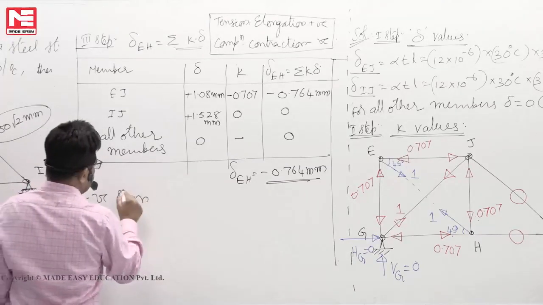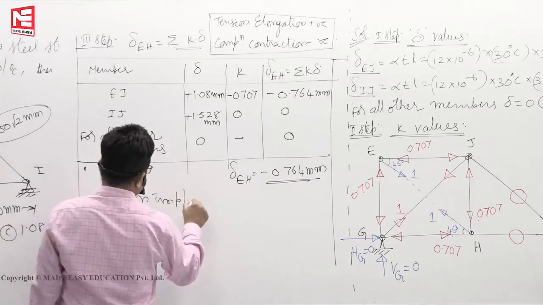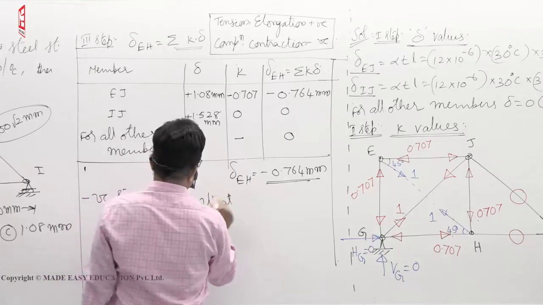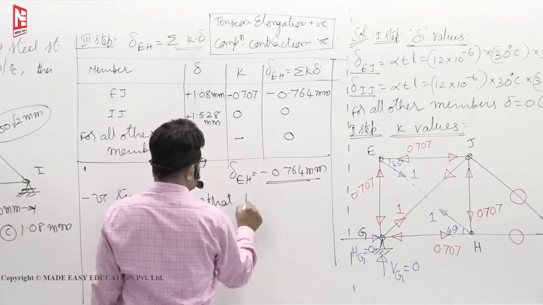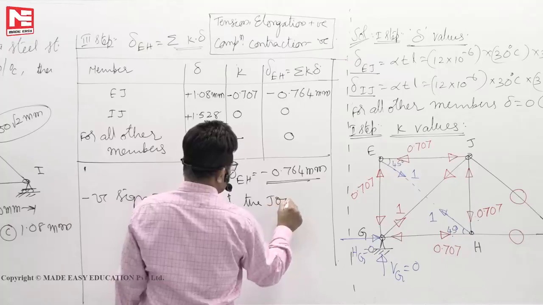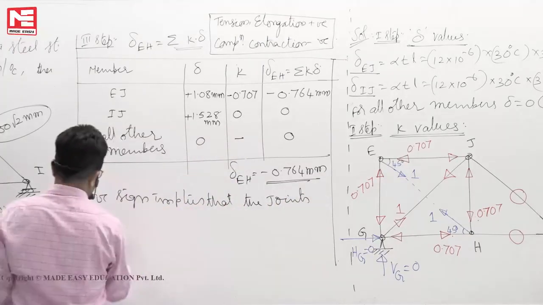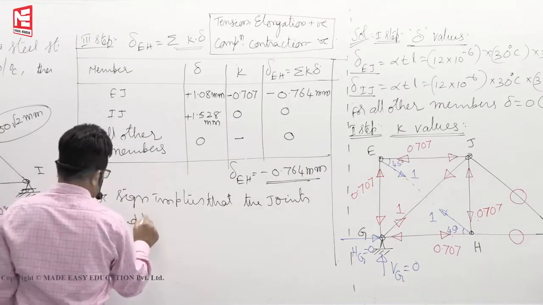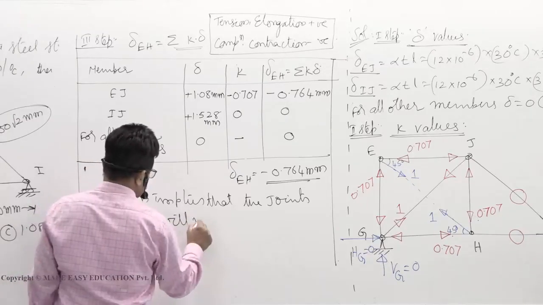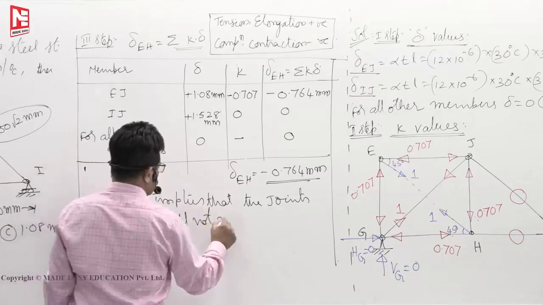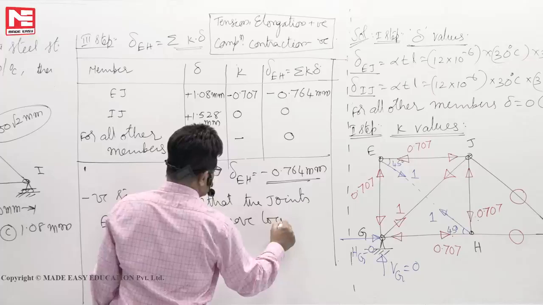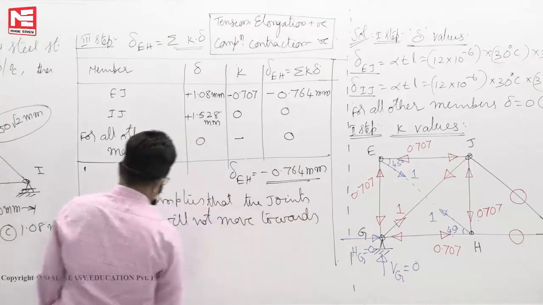So negative sign implies that the joints E and H will not move towards each other.